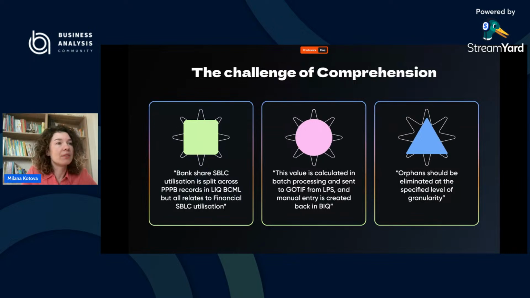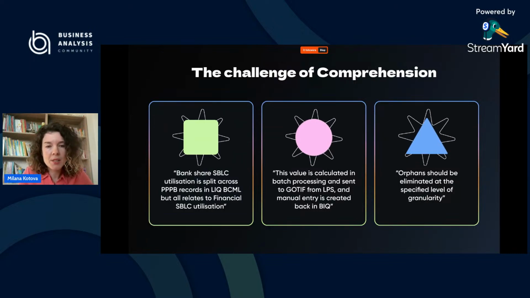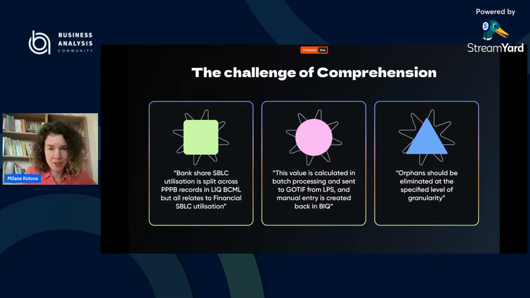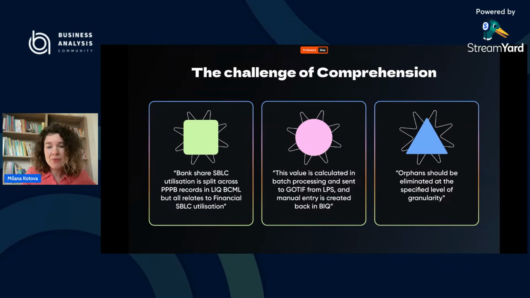For example, phrases like bank share SBLC utilization is split across PPBB records in LIQ, BCML, but all relates to financial SBLC utilization, or orphans should be eliminated at the specified level of granularity.